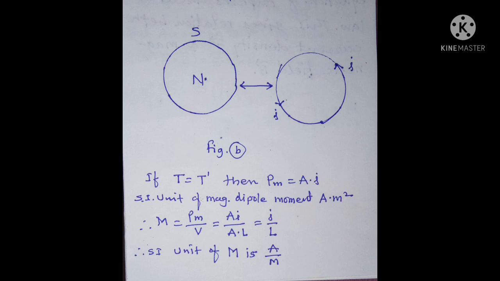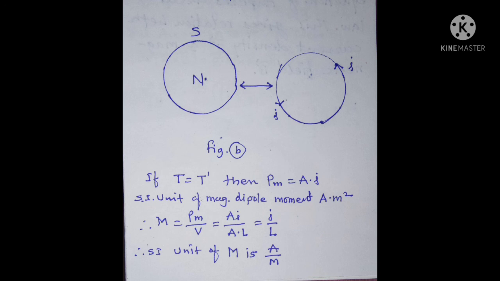Hence the intensity of magnetization is also the surface current per unit length of magnet. Hence SI unit of M, that means intensity of magnetization, is A divided by m. That is also stated earlier.